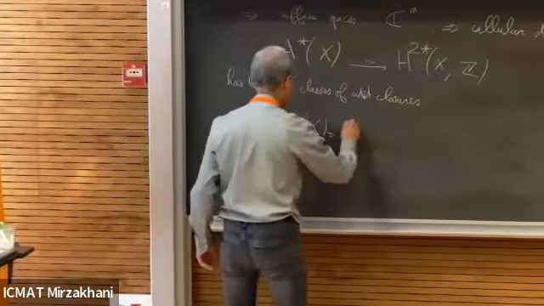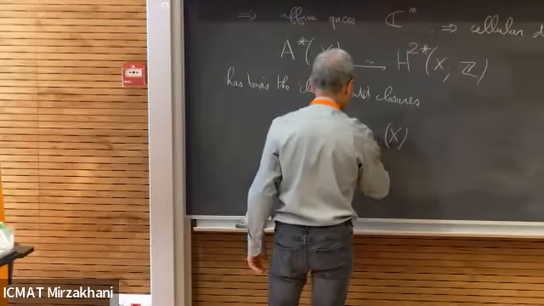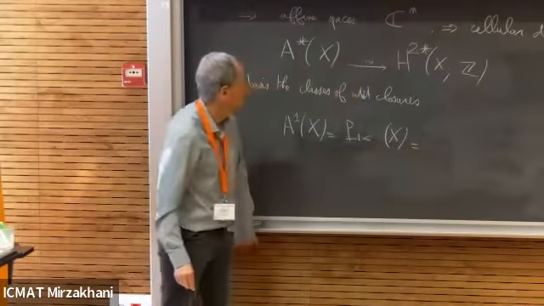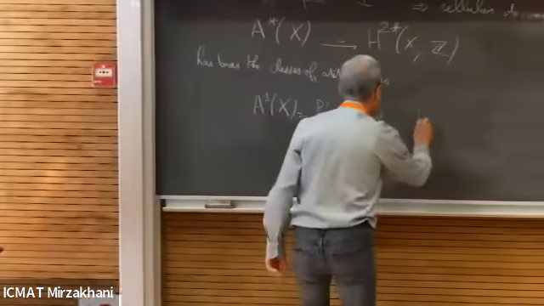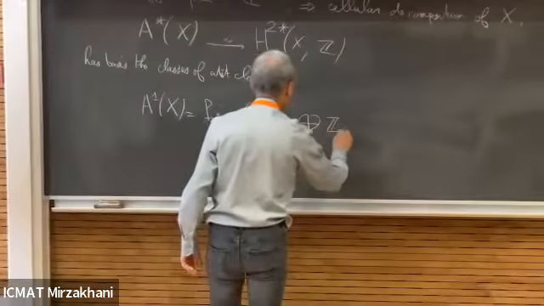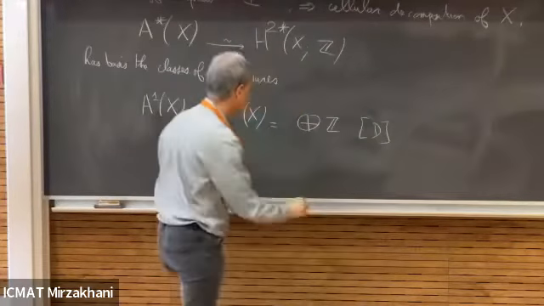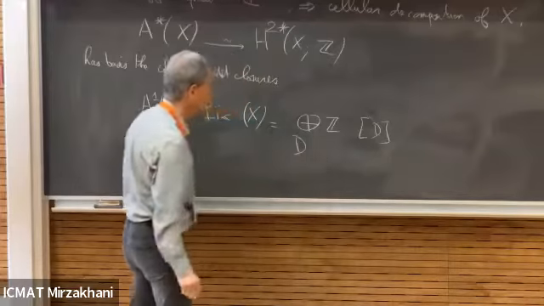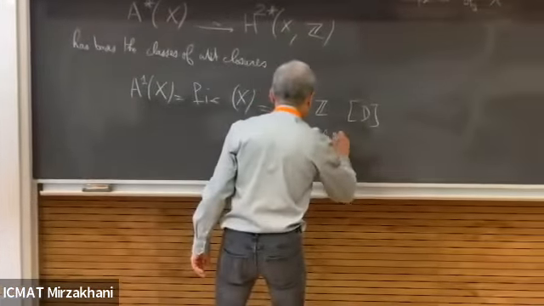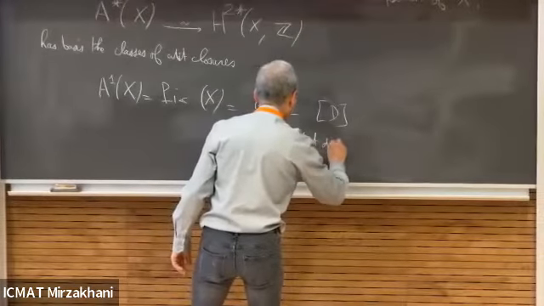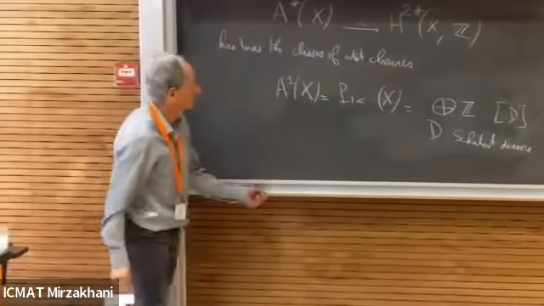So we have this description, and if we are interested in the cycles of codimension 1, what we get is of course the Picard group. What we obtain is a natural basis. These are the classes of Schubert divisors.